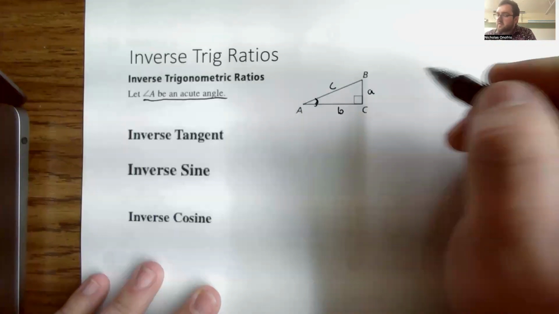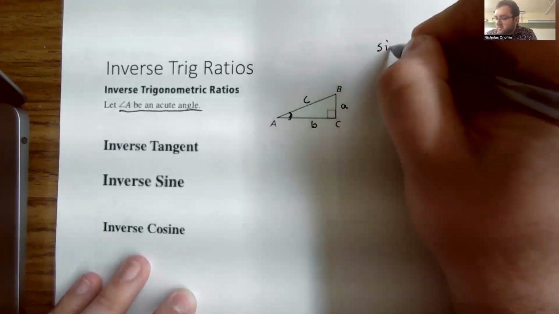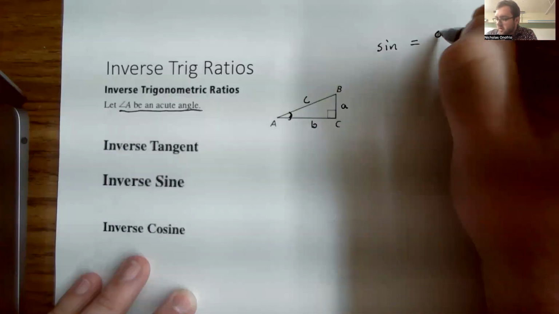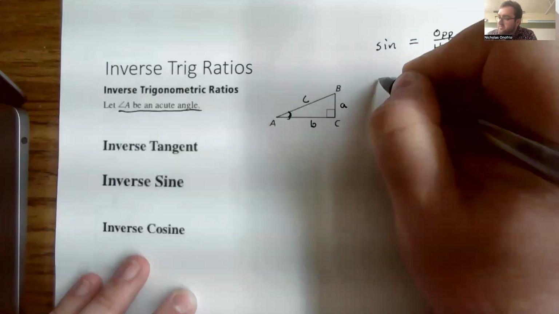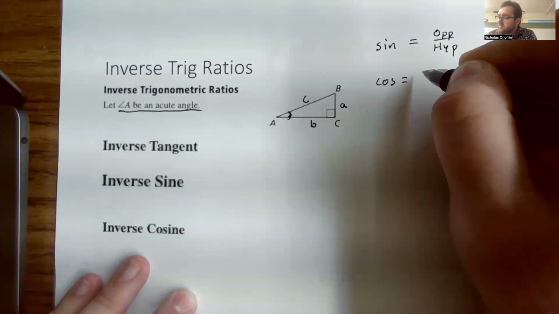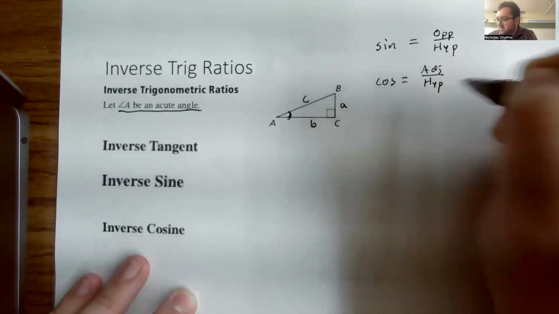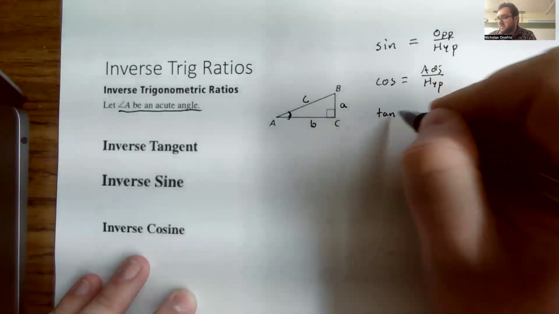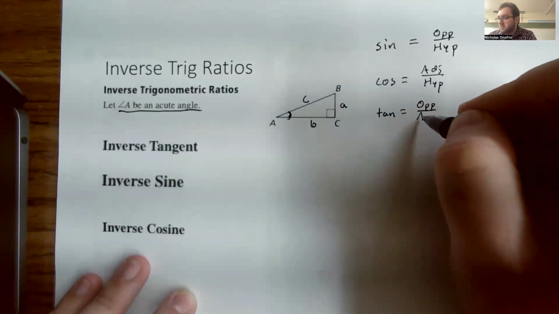We already talked about our three trig ratios and their formulas. Sine is equal to opposite over hypotenuse. Cosine is equal to adjacent over hypotenuse. And tangent is equal to opposite over adjacent.